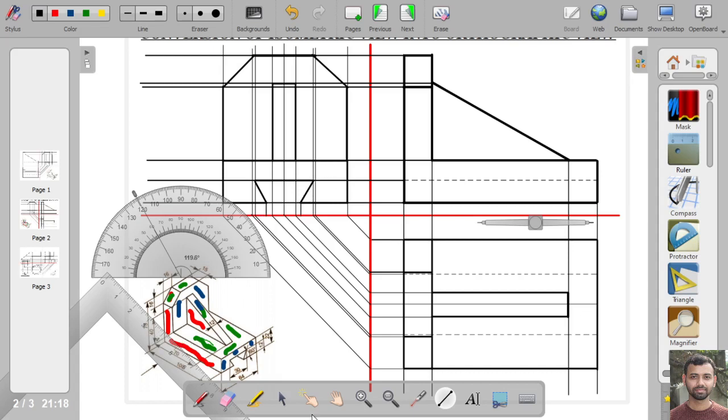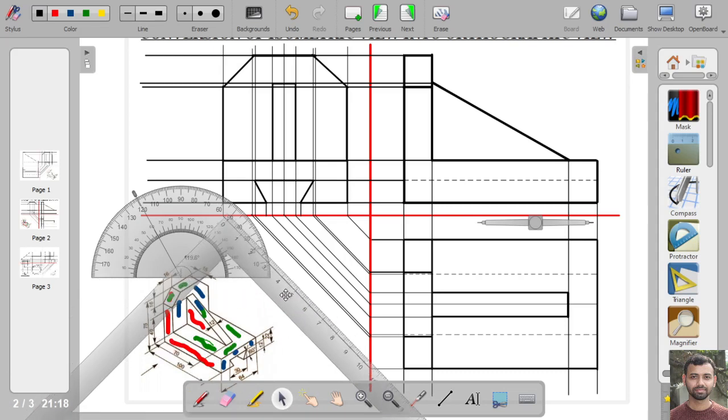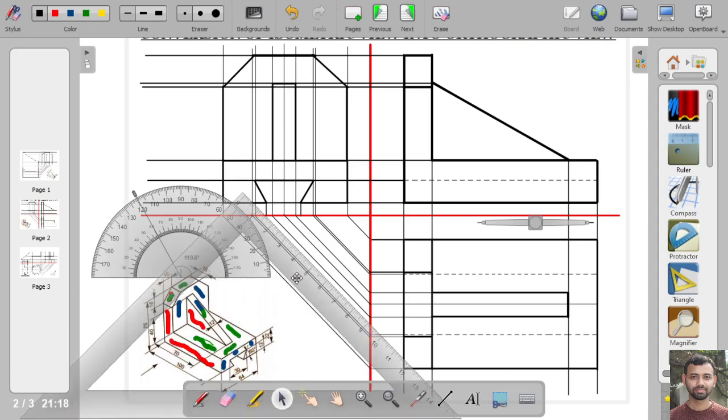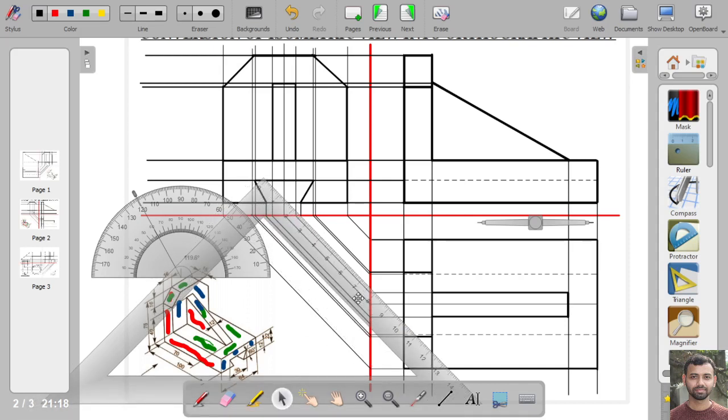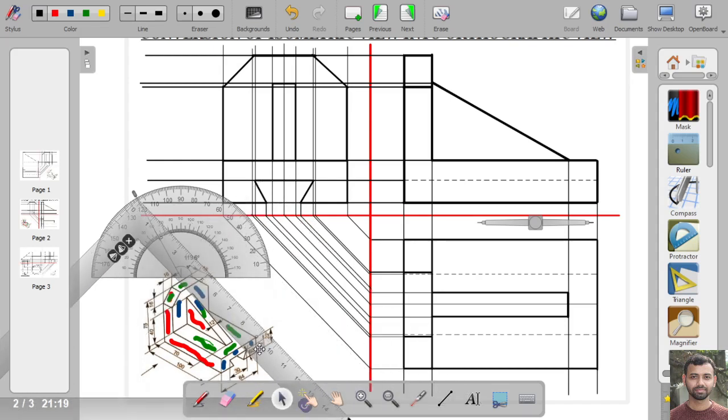Okay, then we will take the set square, and again we will take the 45 degree angle. Here also we will take the 45 degree angle. Then we will draw the horizontal line from this point.